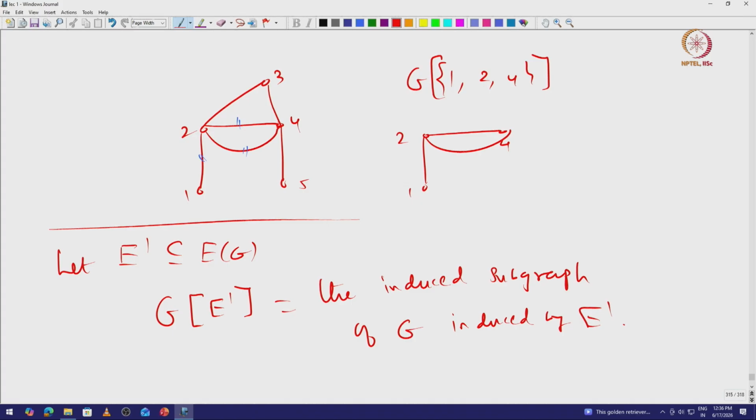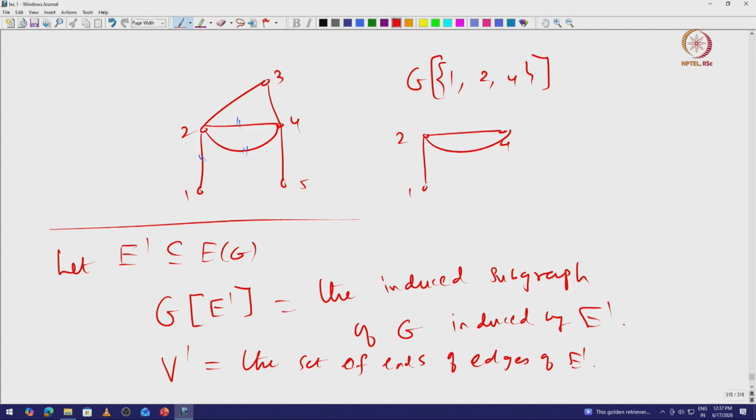You look at all possible edges in E dash and take the endpoints of those, and whose edge set is now fixed, that is E dash. So, only V dash we need to define. V dash is the set of endpoints, or ends of edges, of E dash. So, that you take to be your V dash. Now, the incidence function of this is going to be the restriction of the incidence function of the original graph. So, this is what is called the induced subgraph.